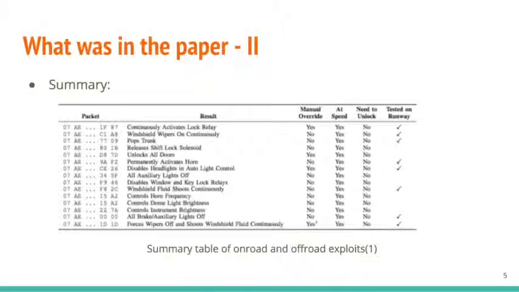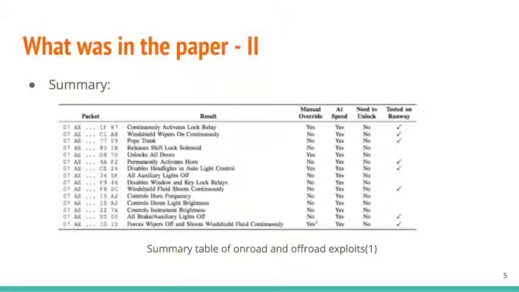Looking from left to right, on the very left is the packet that was being sent out maliciously, and in the middle is the result that was observed. The manual override column describes the user being able to manually override the changes that were being made, and the at speed column describes that these results were observed at speeds higher than 40 miles per hour.